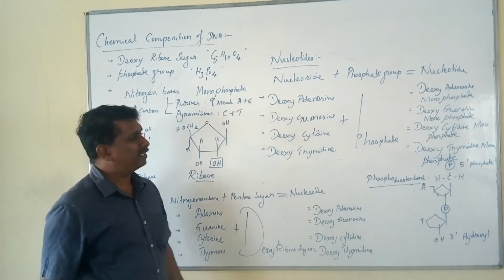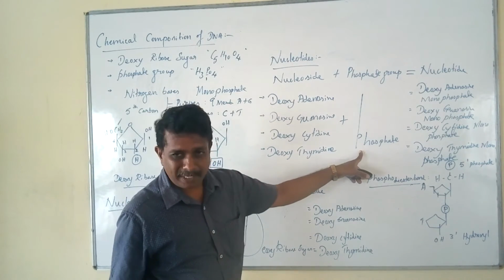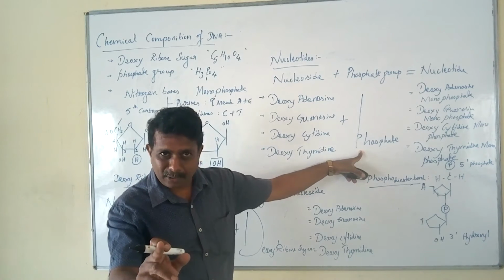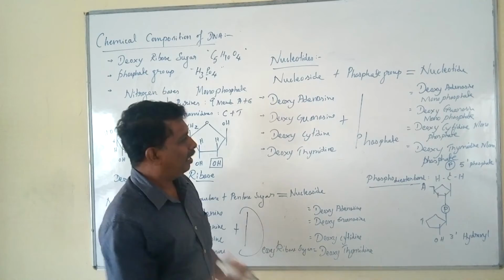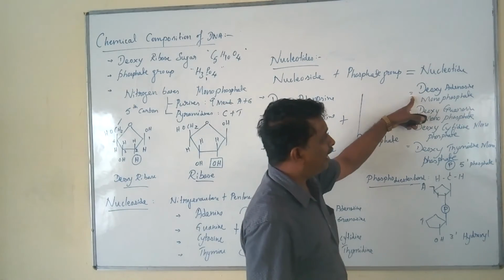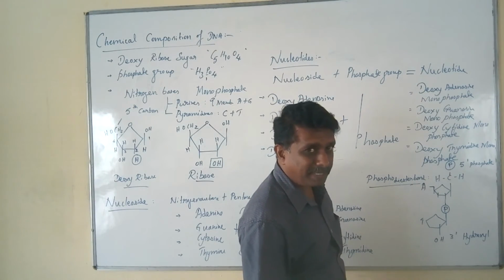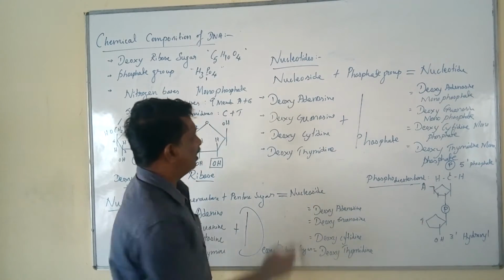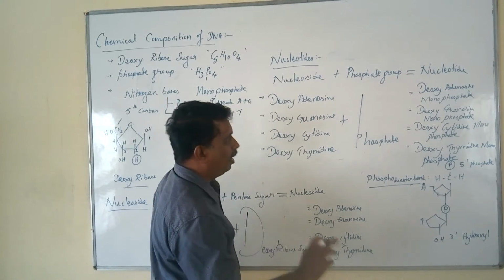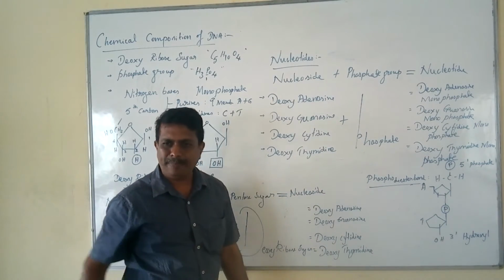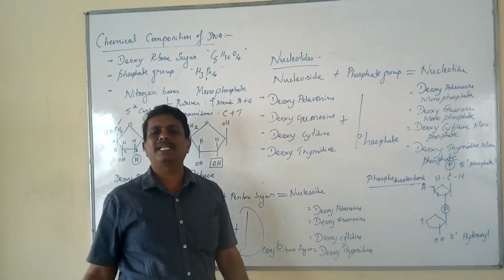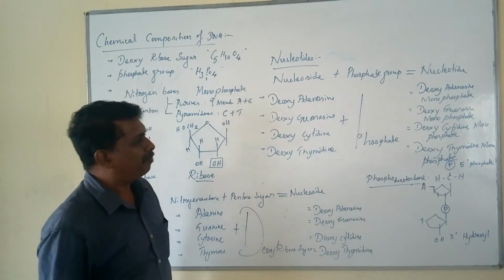When it combines with the phosphate group, the type of the phosphate group found in the DNA is called a monophosphate derivative, leading to the formation of deoxyadenosine monophosphate. The second one is called deoxyguanosine. Deoxyguanosine combines with the phosphate group, leading to the formation of deoxyguanosine monophosphate.